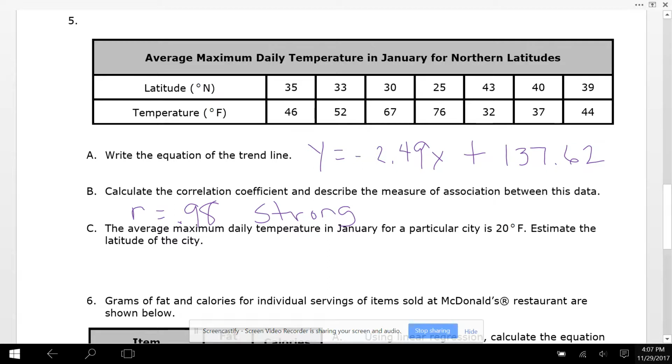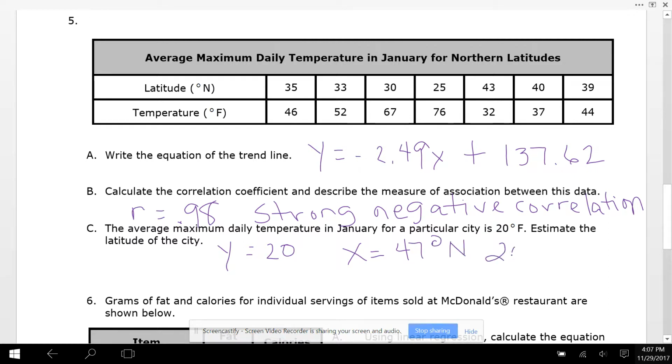Negative. Correlation. I know, messy handwriting. Okay, so if the temperature 20 is our y, that means that x equals 47 degrees north. Because I had 20 equals negative 2.49x plus blah, blah, blah.